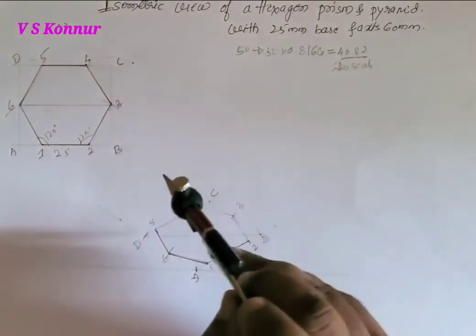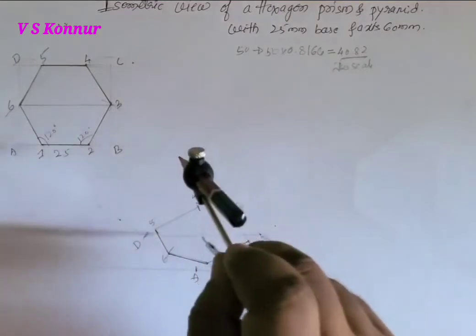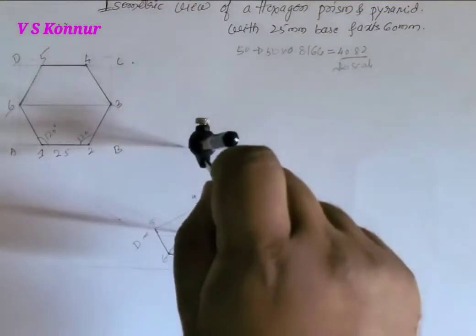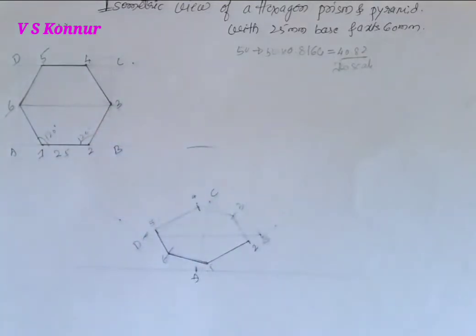Just from the center I am drawing the arc. I'll just draw the arc at the top. That is the axis height.